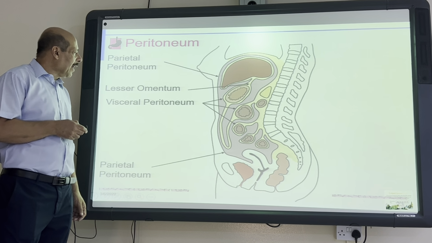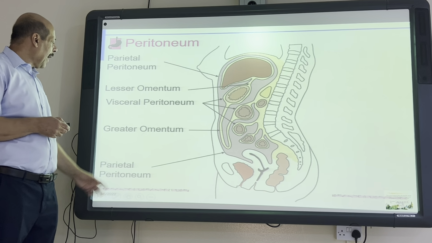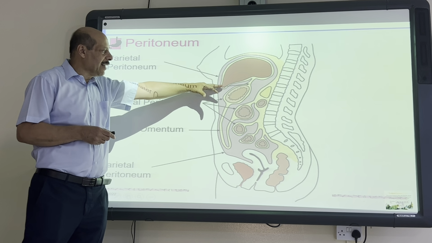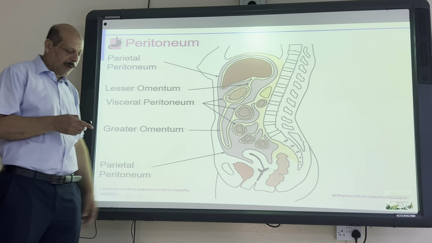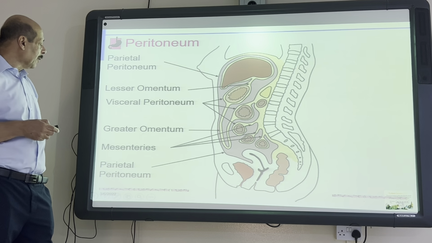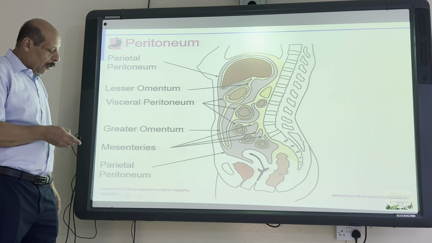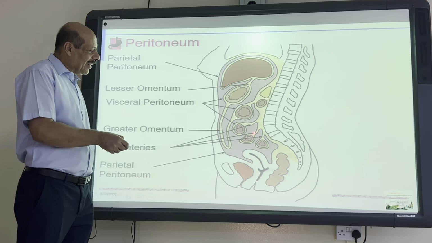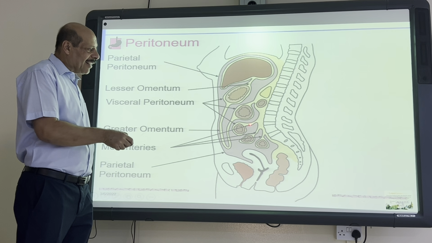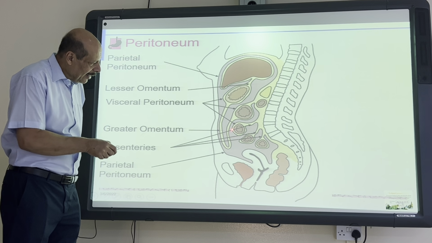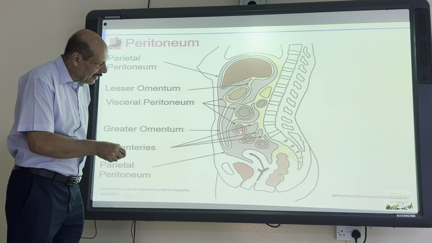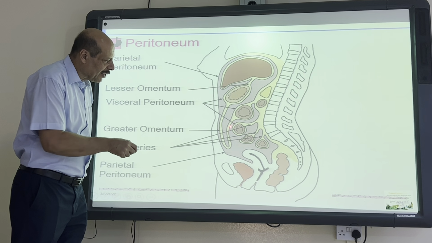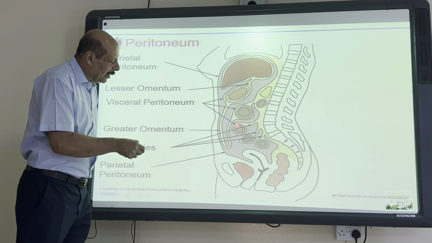This is what we call the lesser omentum, and this is the greater omentum from the peritoneum. And those are the mesenteric.